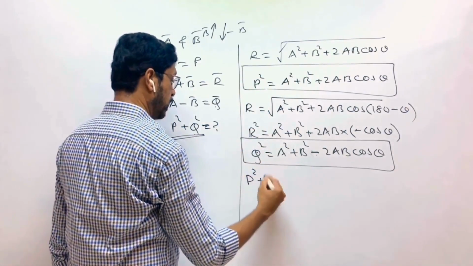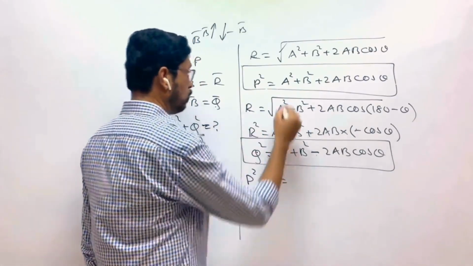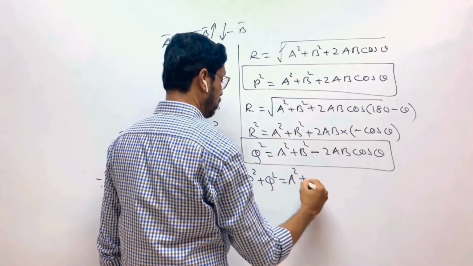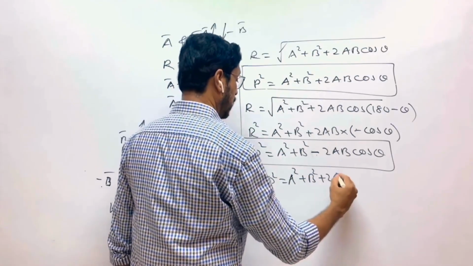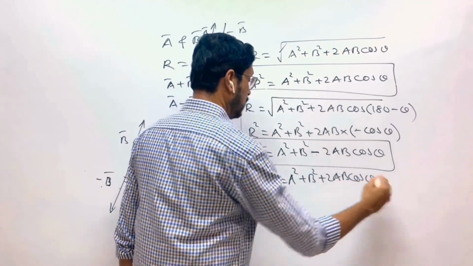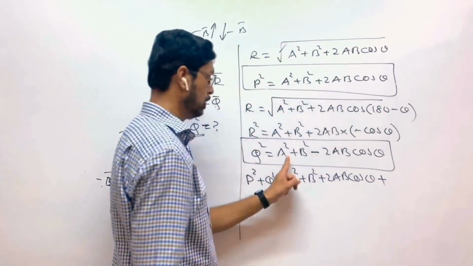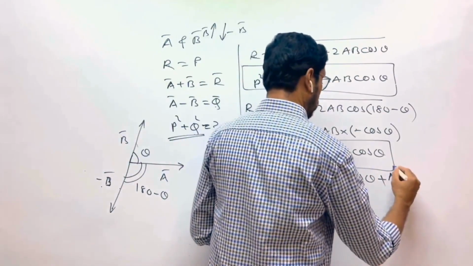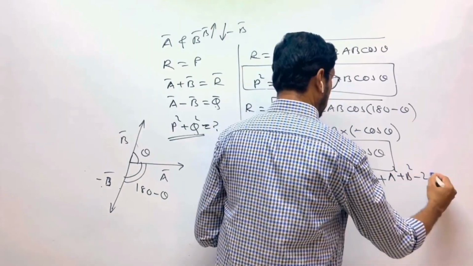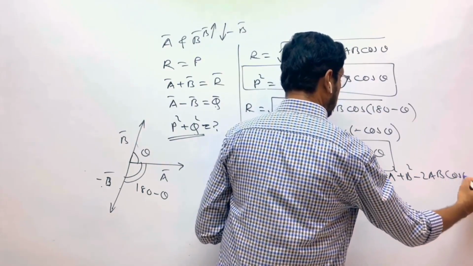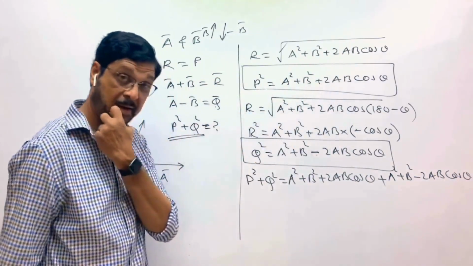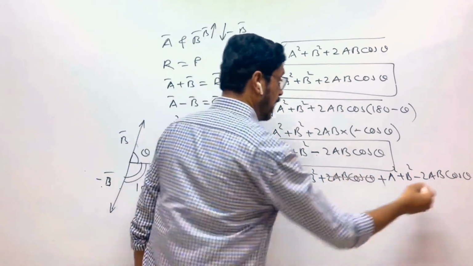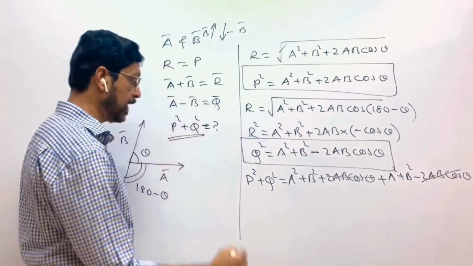So add these two equations. P square plus Q square will be equal to A square plus B square plus 2AB cos theta, plus this one, A square plus B square minus 2AB cos theta. This 2AB cos theta minus 2AB cos theta will get cancelled.